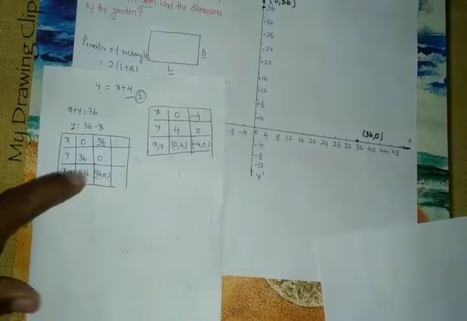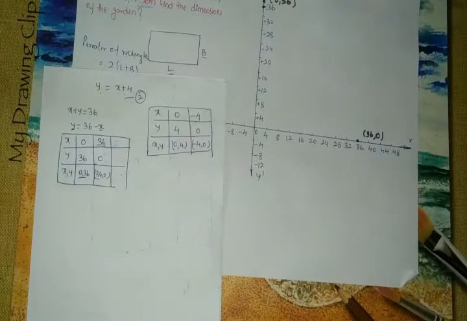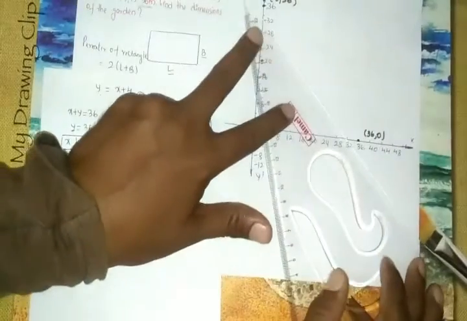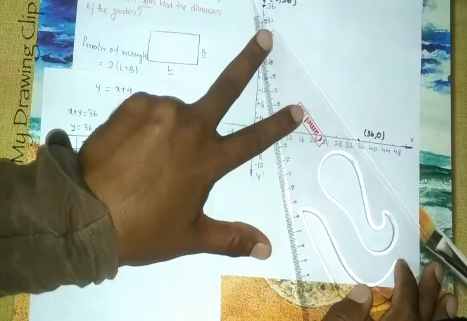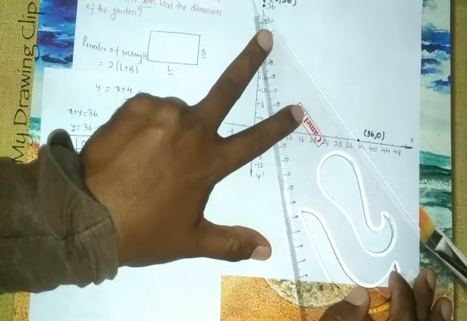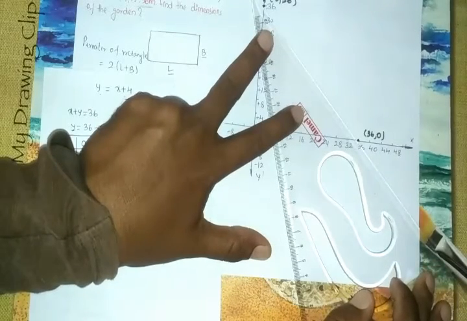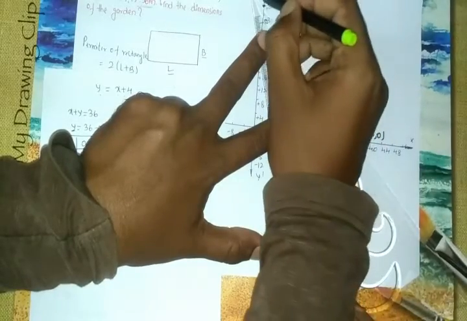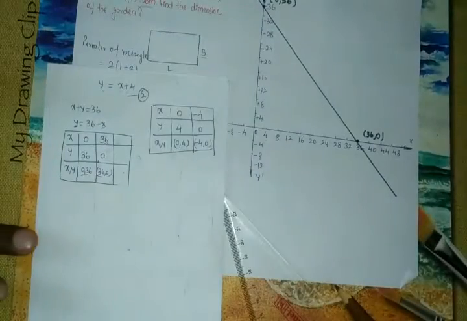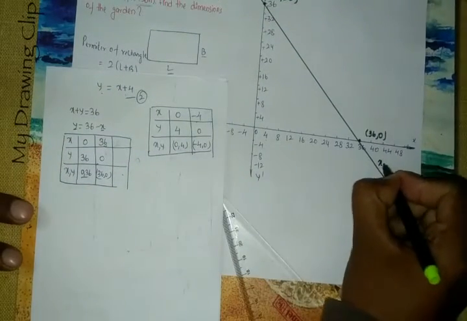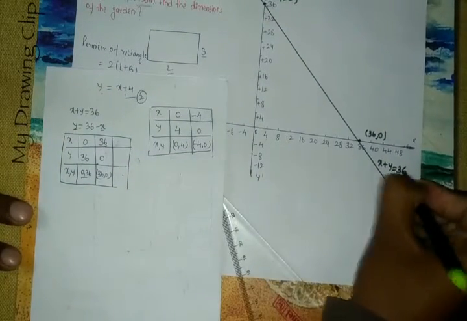So this point is 36 comma 0. Let me join these 2 points to get a straight line. Always we are getting a straight line because you know that the degree of the polynomial is 1, so you get a straight line. So this is x plus y equals 36.